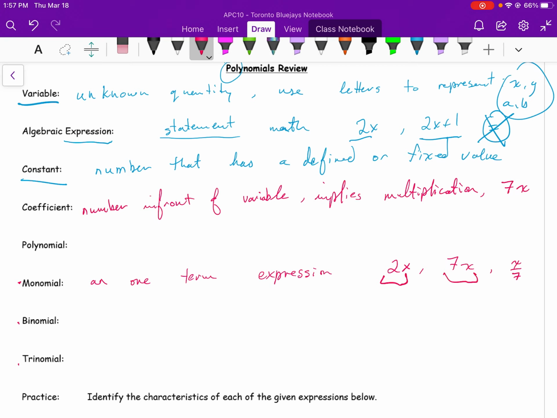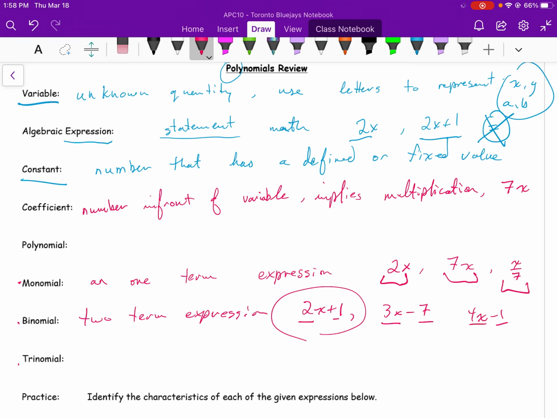A binomial is a two-term expression, and it's a polynomial expression. It's 2x plus 1, or 3x minus 7. So these are all binomials. There are two terms: one term is 2x, and the other is the constant 1.